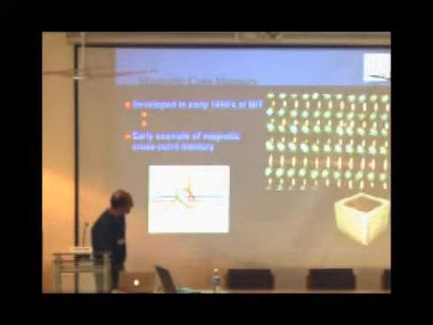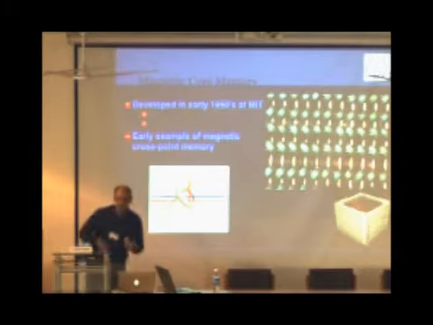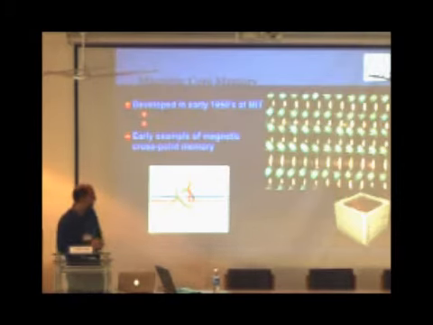And what you see here is a $10,000 cube, and the total capacity of this is 52 kilobits in an 8 by 8 by 8 inch cube. So it's a random access memory from the 50s.